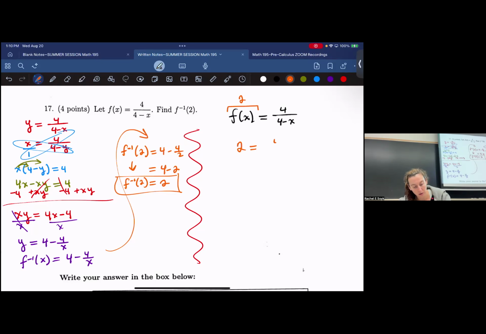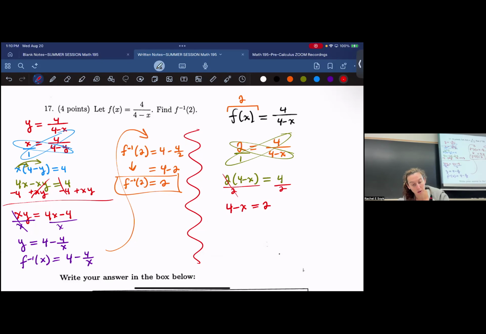So 2 is equal to 4 over 4 minus x, then cross multiply. You get 2 times the quantity 4 minus x is equal to 4. Instead of distributing, I'm going to just divide both sides by 2. So we get 4 minus x is equal to 2.